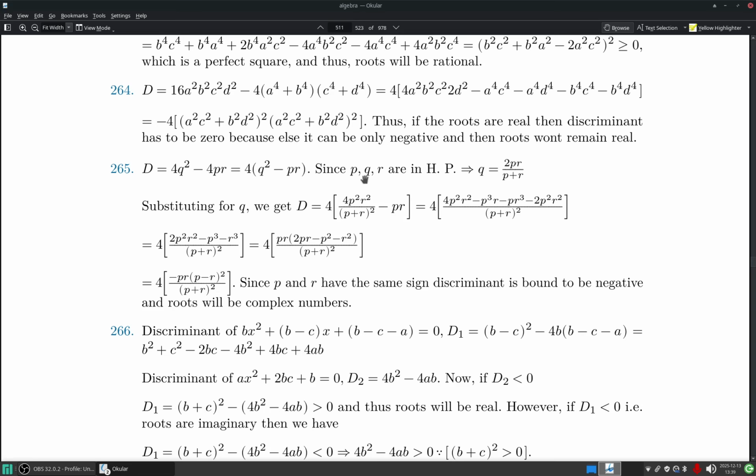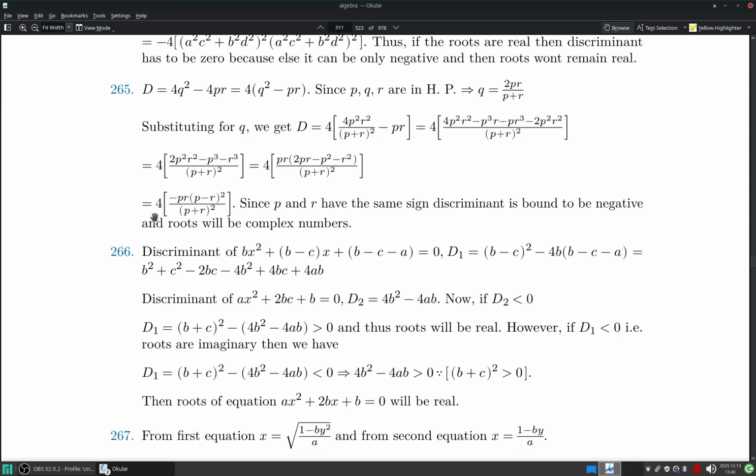Now it is given that p, q, r are in HP, so q would be 2pr by p plus r. We plug in the value of q in this, and we get 4 into (4p square r square by (p plus r) whole square minus pr). We expand this and eventually we arrive at 4 into minus pr into (p minus r) whole square by (p plus r) whole square.